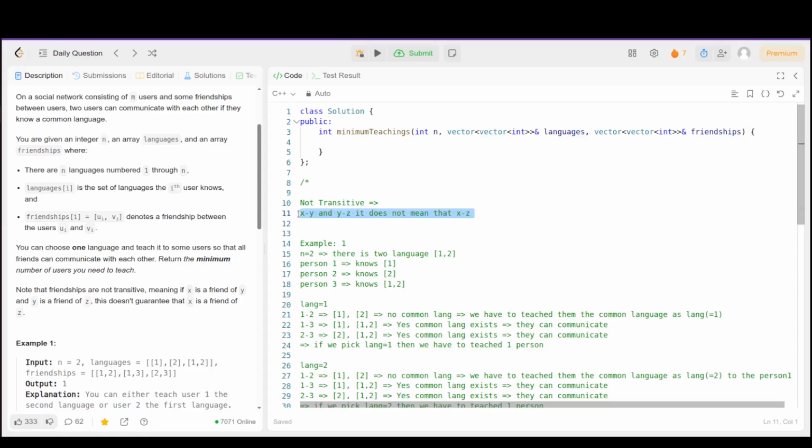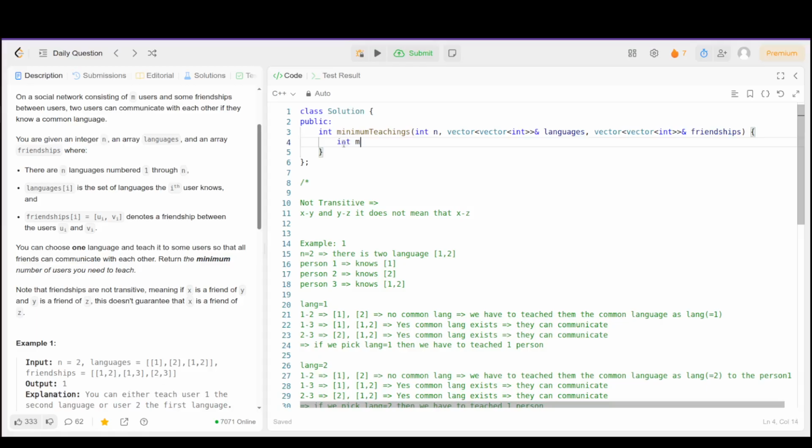So this is not a graph problem, because there is no long dependency. If you only consider the friendships of each pair, it will be fine for the execution. So we are going to code it normally, without using a graph. Let's start the coding.